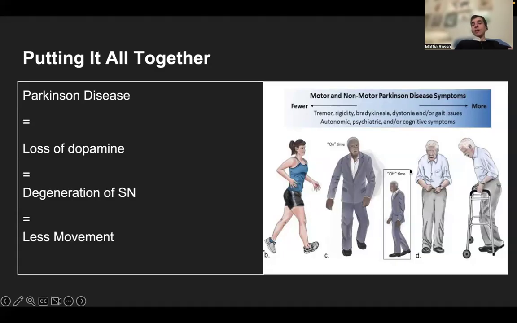Enhancing dopamine production would also be an interesting way to target it. In a way, you could think of levodopa as giving you more fuel to make dopamine. I don't know that we're quite there in terms of enhancing dopamine production in the way of recovering from degeneration of the substantia nigra, but that would be exactly right. No, that's great.